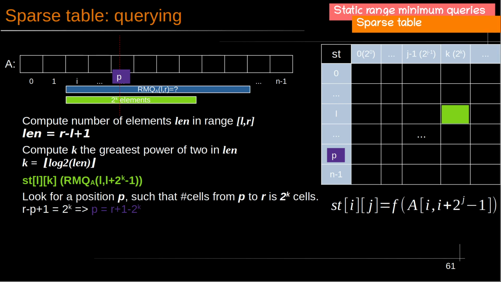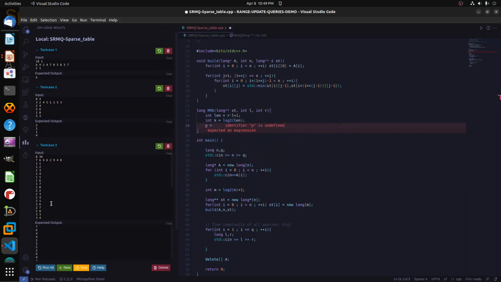We know that R minus P plus 1 is also equal to 2 power k elements. It doesn't matter that the two ranges overlap here, because the minimum is an idempotent function. So that position is R plus 1 minus 2 power k.